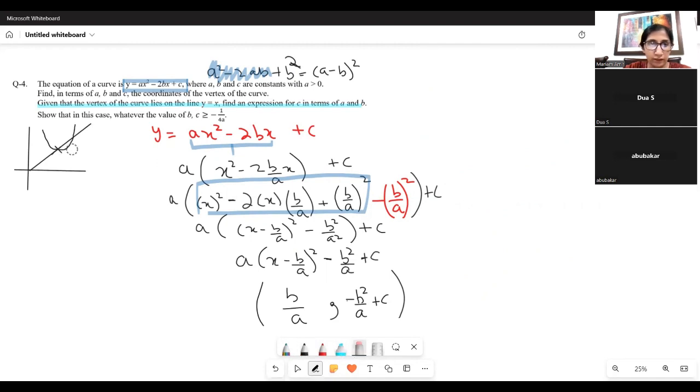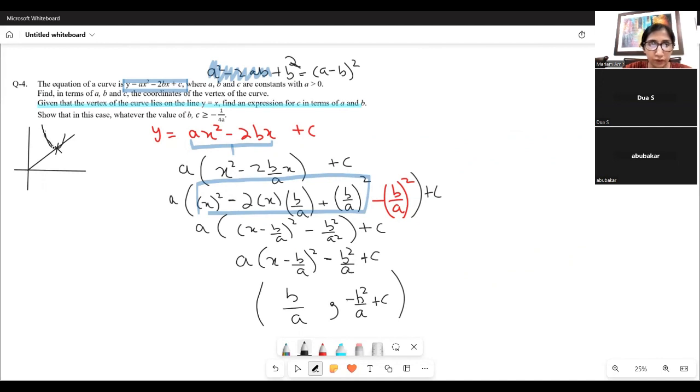The vertex is lying on that line. Maybe a curve like this, and the vertex is passing through. Still not a perfect diagram. There should be only one point of intersection, or maybe 2 points of intersection, you never know. But yes, the vertex crosses through the line y equals x.